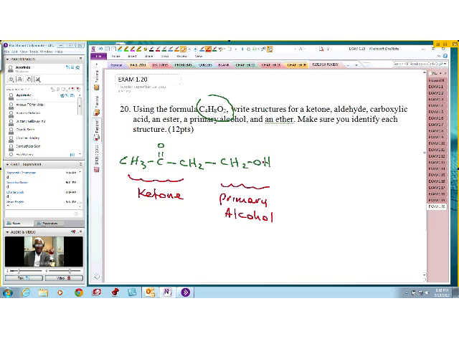A primary alcohol is a hydroxy group attached to a primary carbon, and a ketone is a carbonyl, which is this here, attached to 2 carbon atoms. Okay, let us now do an ester. Let's do an ester.